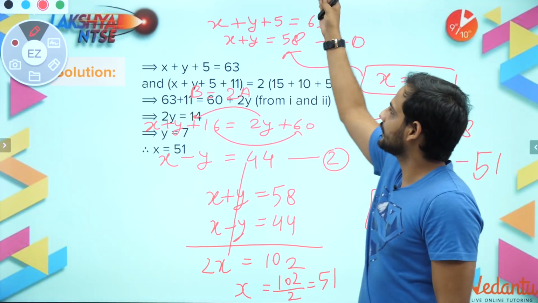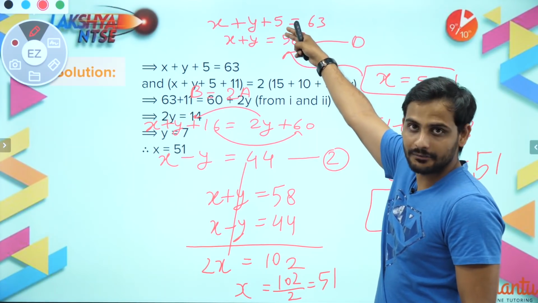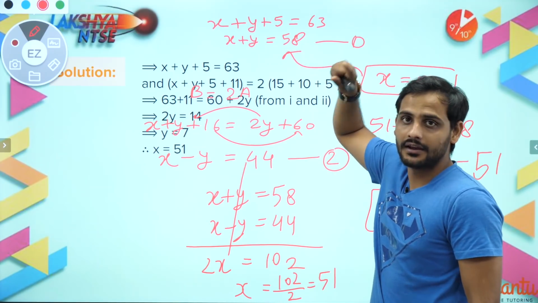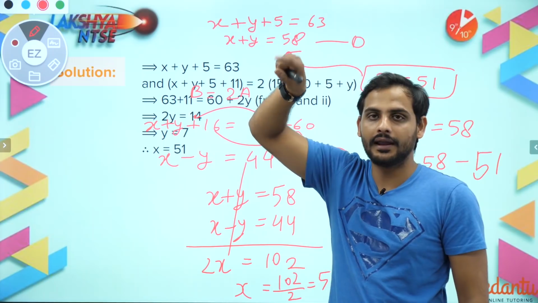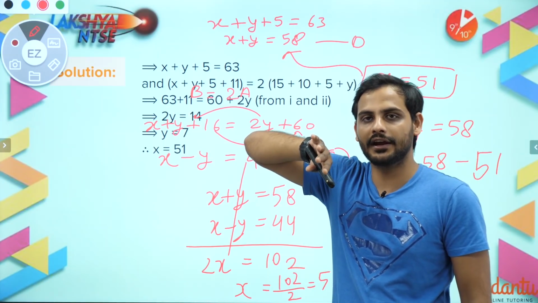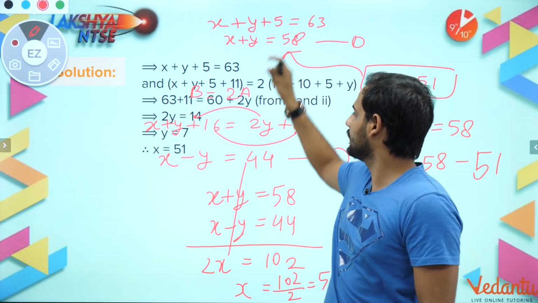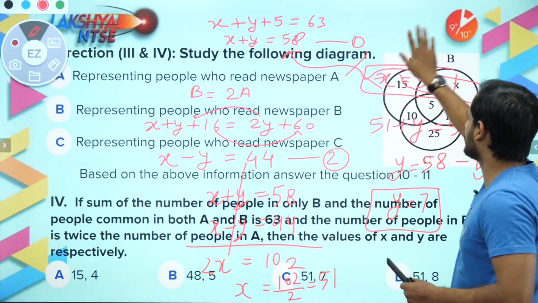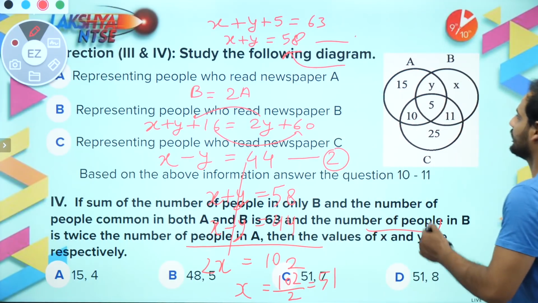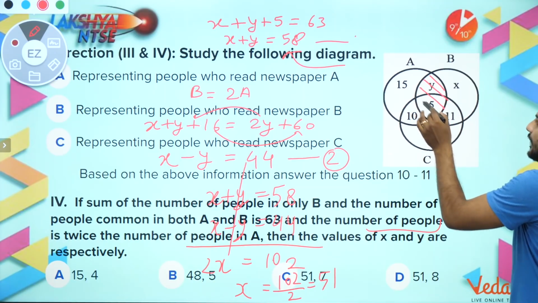First thing was the number of people in only B and the number of people common in A and B. So here you have to remember ki when I say the number of people common in A and B, it means whole A and B. And if I say only in A and B, in that case you will take only the upper part. So it is equal to 63. Suppose if I say the number of people common in A and B, this will be my whole thing, y plus 5.